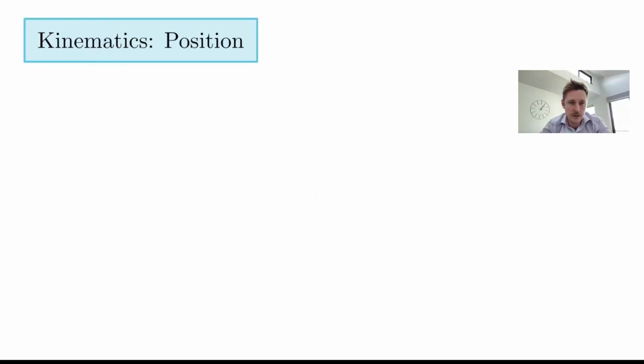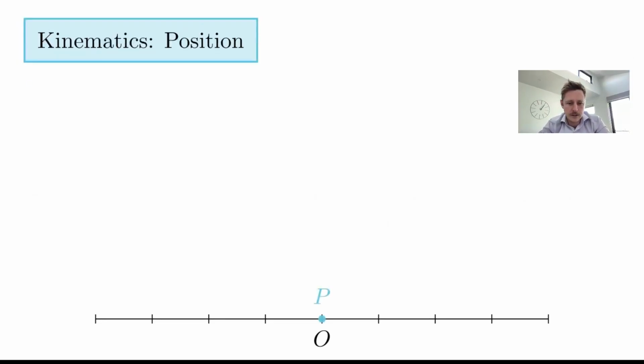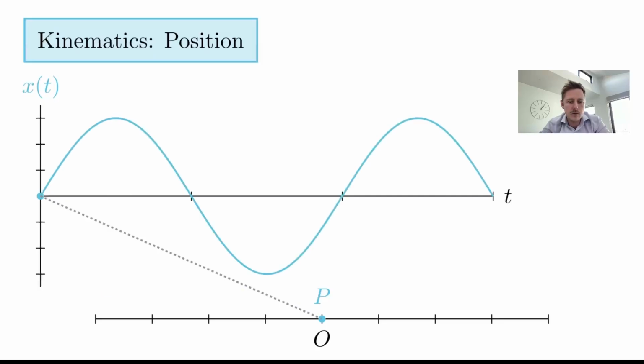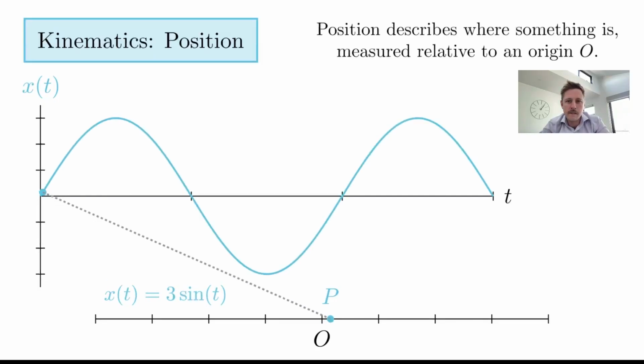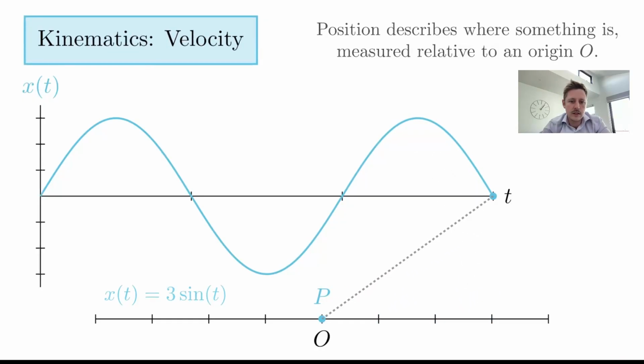So the first thing is position. Consider some point P moving on a number line. And then what we might want to do is talk about velocity after that.